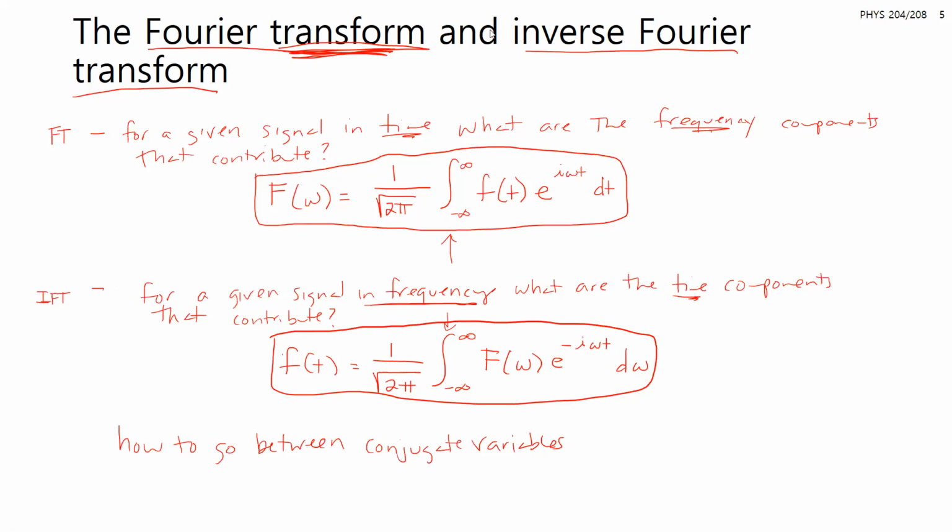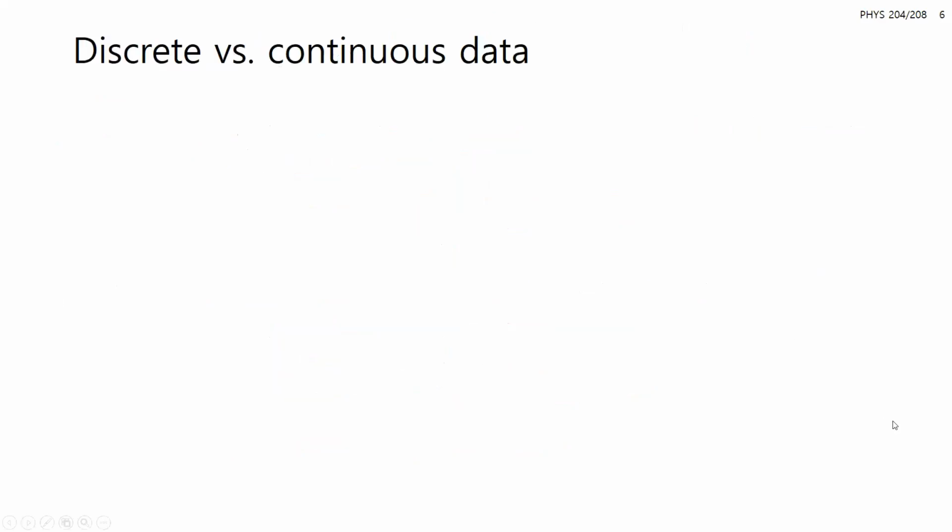If we just look at these equations, are you guys measuring forever? Are you measuring since the beginning of time to the end of time? No. So this differs from the actual real data that you're dealing with in the lab.